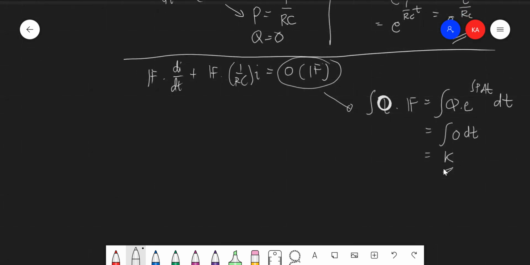By applying the linear first order equation method, we got that this one will be i times e to the t per RC, and this is equal to k.